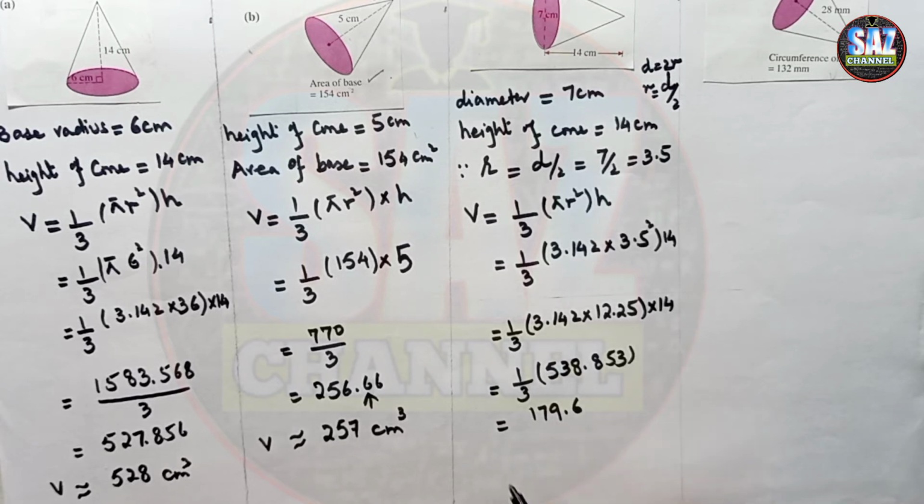As we have to give our answer to 3 significant figures, as this digit is 6, which is more than 5, it will be 180, and the units are centimeter cube, approximately. I hope you are clear about this question, and let's move to the last part of this question.